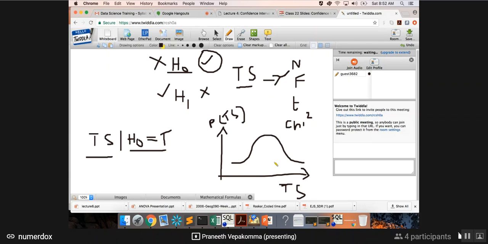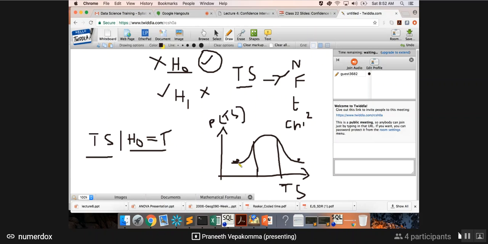As you see, anything between this and this value of the test statistic is more probable because you have higher probability. But if you observe a test statistic somewhere at this value or this value, then it is very low probability that the test statistic will take this value if H0 were true.